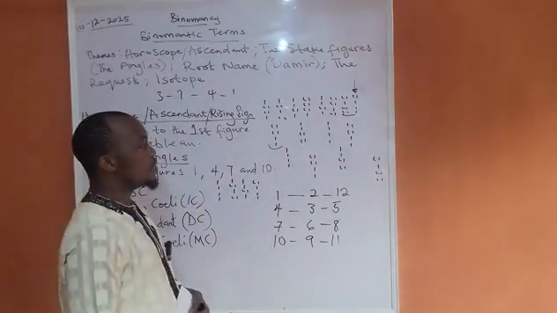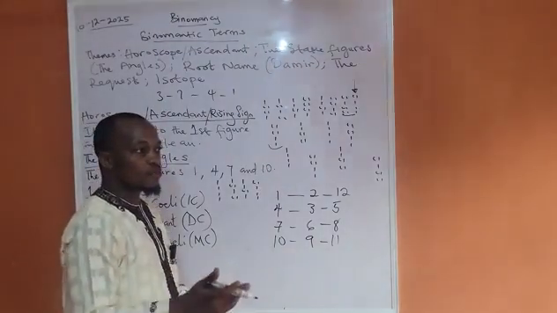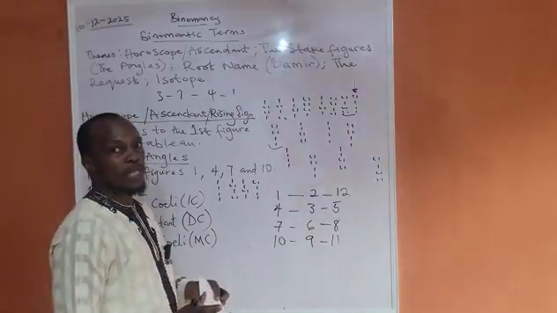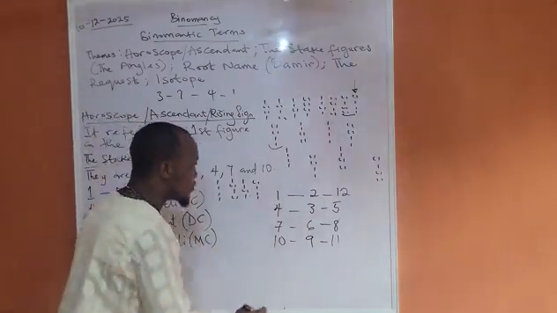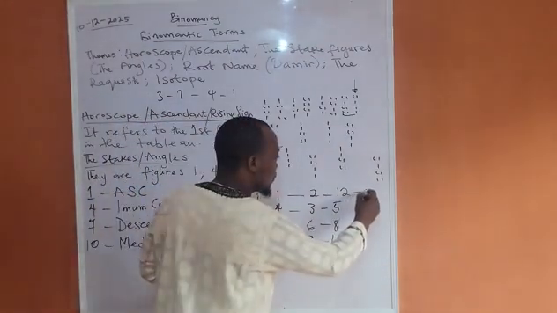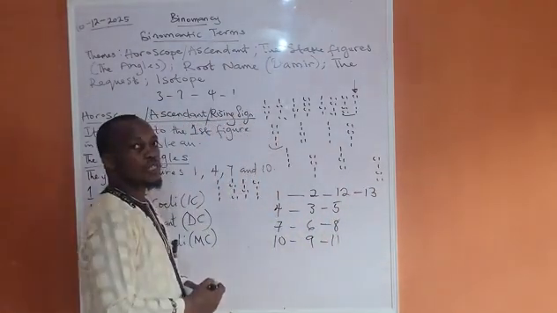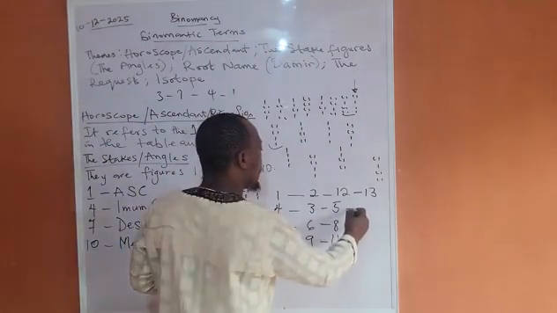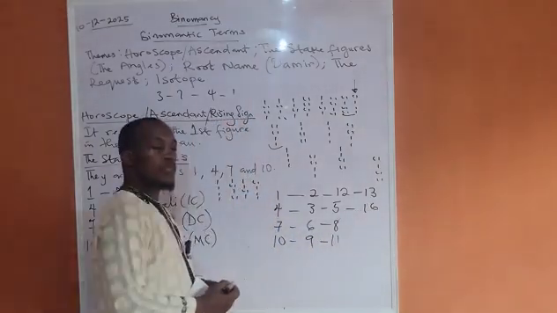Now, what about the remaining figures, like 13, 14, 15, and 16? You see those ones, they are like supporters for each of the angles. Like now, figure 1, the supporter of figure 1 is figure 13. That's the supporter that is supporting it. The supporter of figure 4 is figure 16.